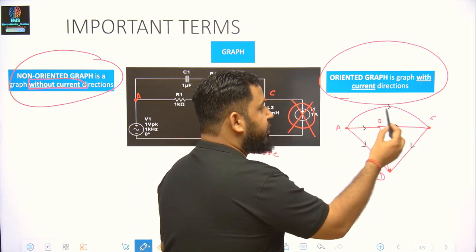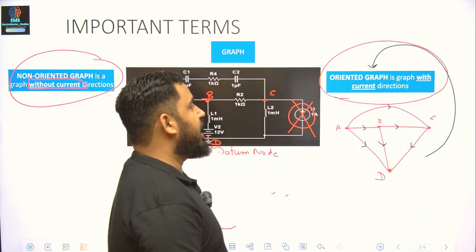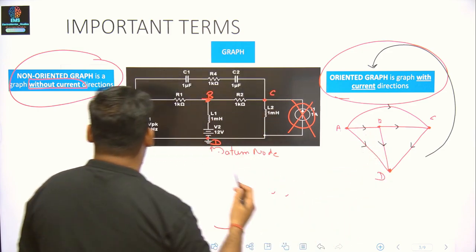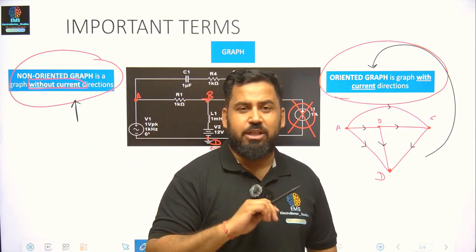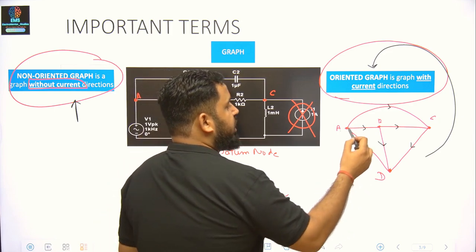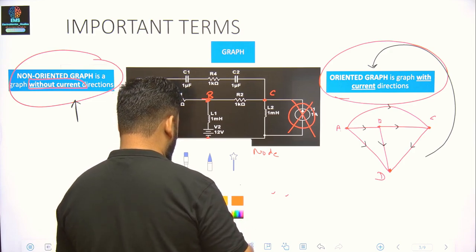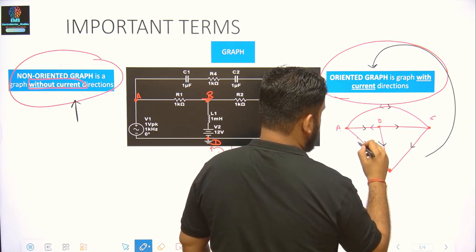Once we have given the direction of the current, this is called an oriented graph. When no current directions are given, it is known as a non-oriented graph. So that's how simple it is. If somebody wants to put the direction of the current like this, that is fine.